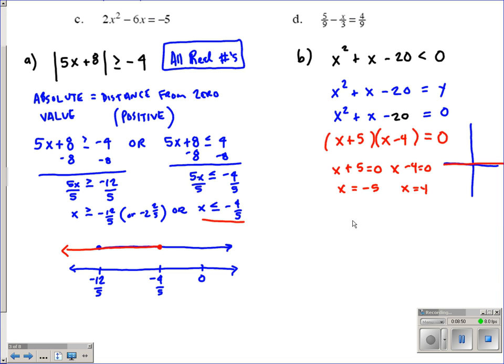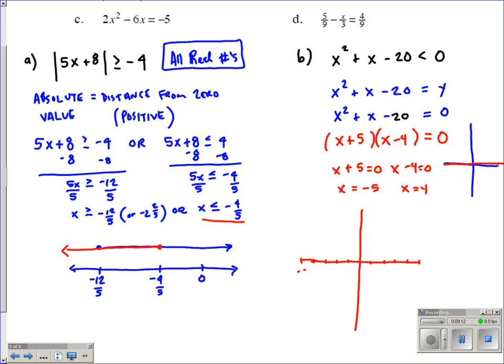And if I take that, I'm going to draw a little bit bigger coordinate plane here. Sorry if it's not completely straight. I've got 1, 2, 3, 4, 5. We've got 1, 2, 3, 4, 5.